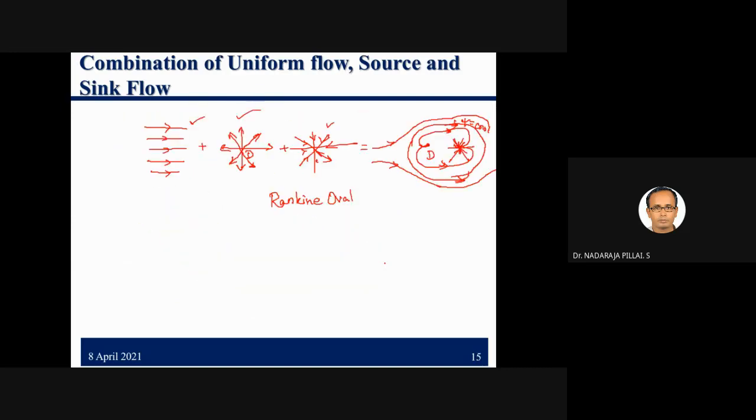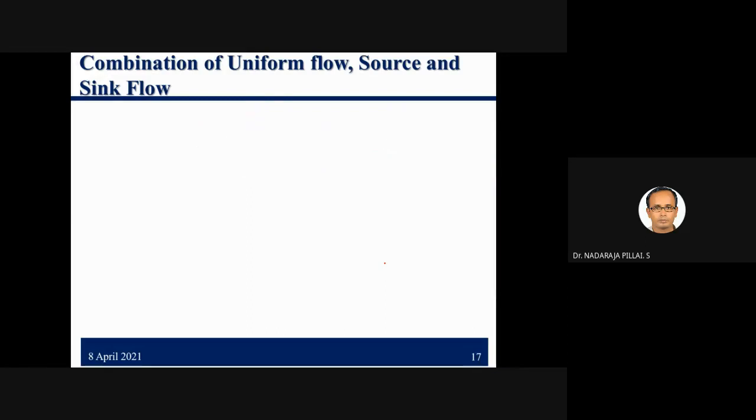Now we have uniform flow, source flow, and sink flow, and we have arrived at a shape of oval, that is the Rankine oval. So now my question is how to write this stream function equation.